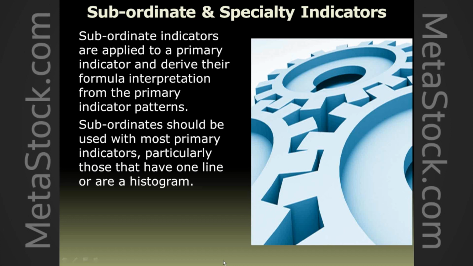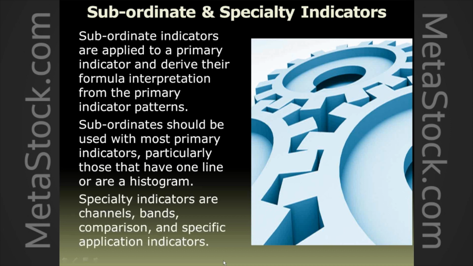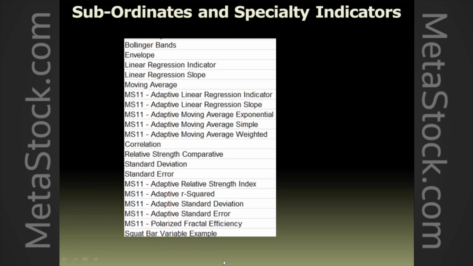So if you have a one-line indicator that you're using, apply a subordinate to it. Specialty indicators are channels, bands, comparison like our relative strength, and specific application indicators. So subordinates are like Bollinger Bands, envelope, linear regressions, moving averages, that type of thing.